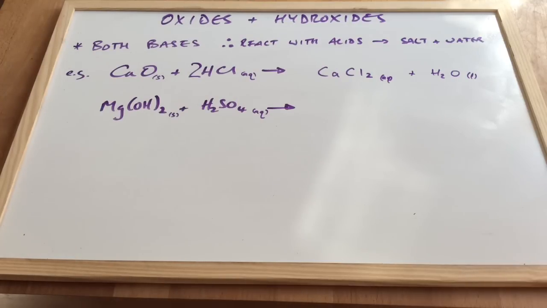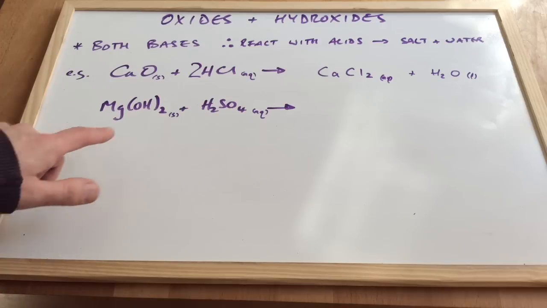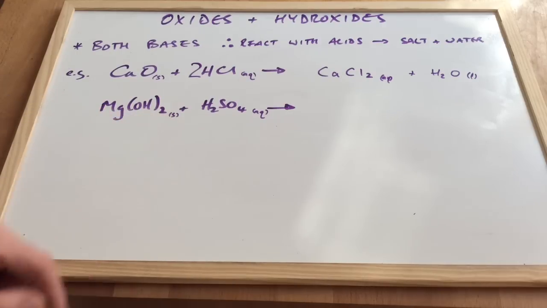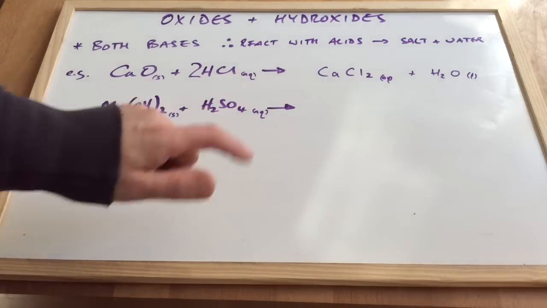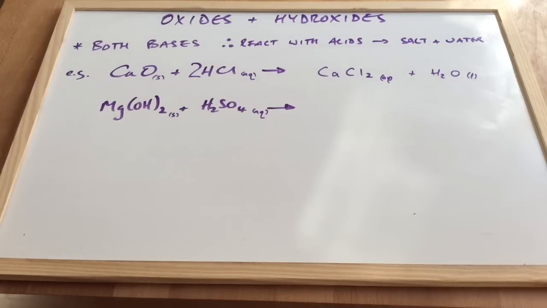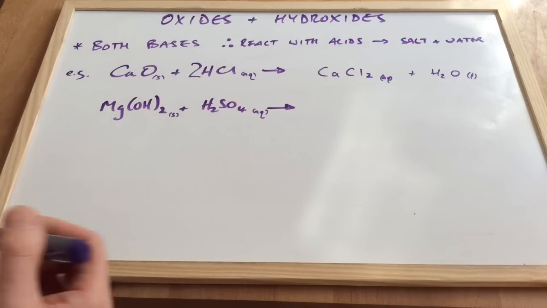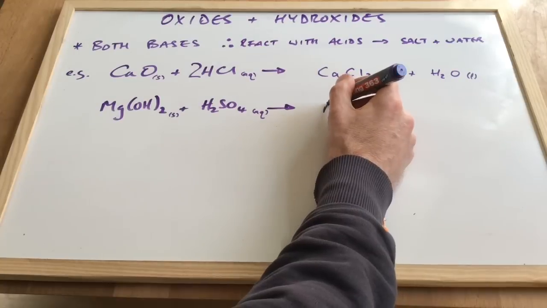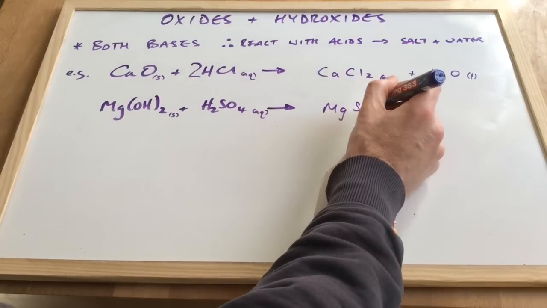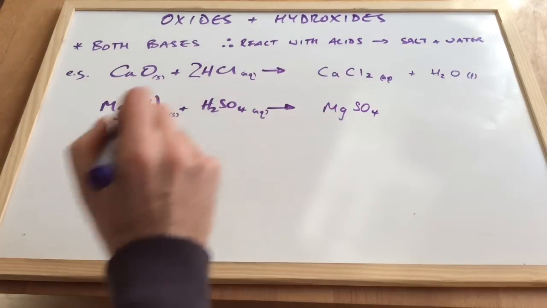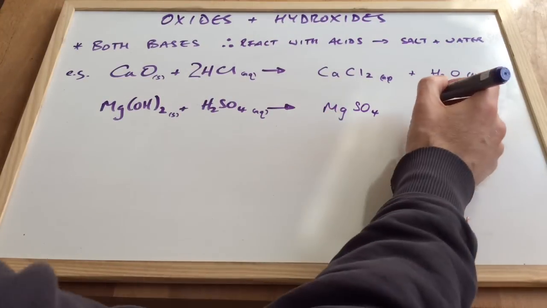The magnesium hydroxide, so I'm using magnesium hydroxide in the solid form here, and aqueous sulfuric acid. Again, we're going to get salt and water, so we'll get magnesium sulfate as the salt, so this metal ion is going to replace the H+ ions to form the salt. So it's MgSO4, because we've got 2+ and 2- in this salt, and water again.